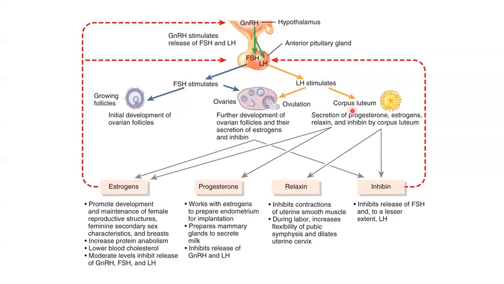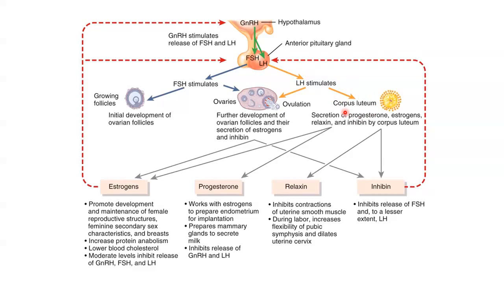The corpus luteum will produce and secrete a number of hormones, including estrogen, progesterone, relaxin, and inhibin. So estrogen, secreted by both the follicles and the corpus luteum, has several important functions.